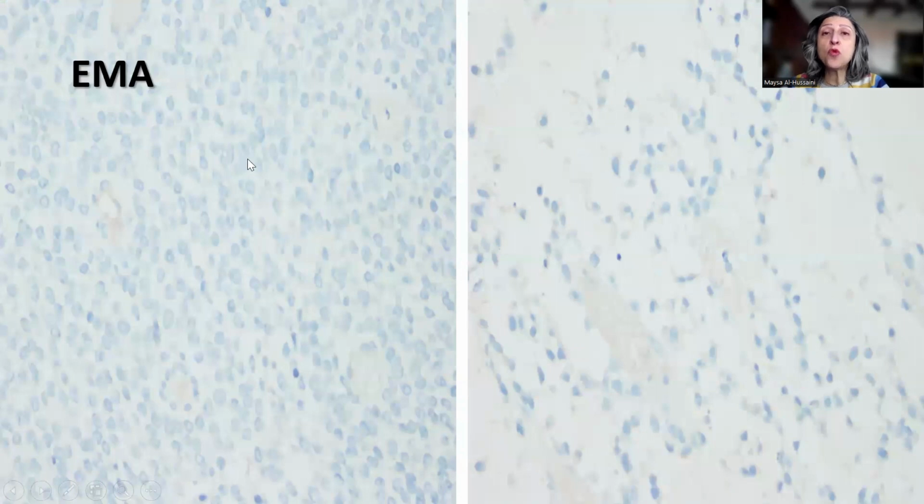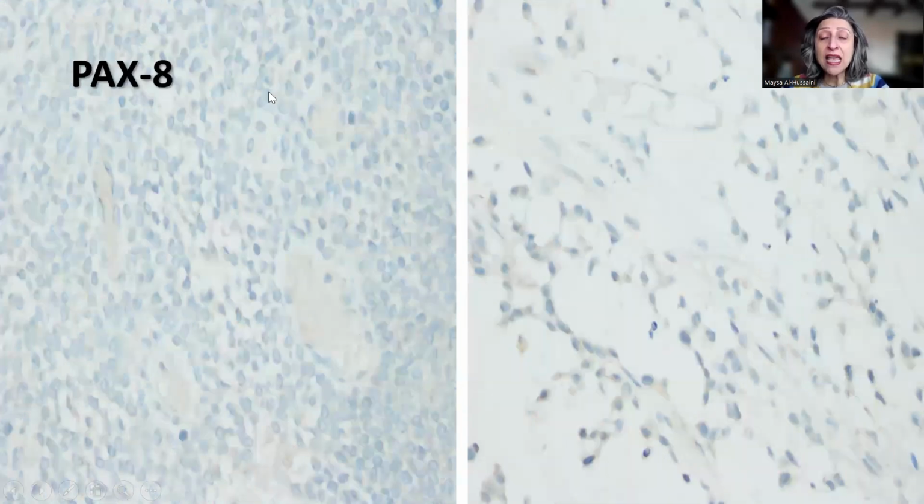Now, EMA importantly should always be ordered, and it has to be negative, because adult granulosa cell tumors are typically negative with EMA while they are positive with cytokeratin. This is in contrast to carcinomas in general and to juvenile granulosa cell tumors where EMA is typically positive. PAX8, I ordered PAX8 just to make sure that I'm not missing a carcinoma, an important differential diagnosis, especially the large cell variant of small cell carcinoma.